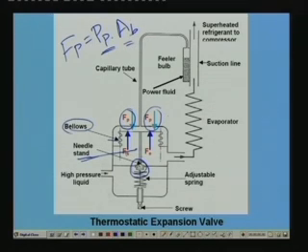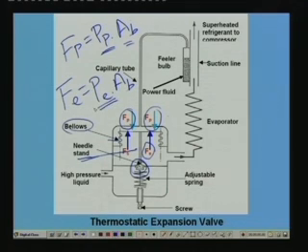This is the force which is trying to push the bellows down, and trying to push the bellows down means the needle stand also will be pushed down. And what are the forces opposing this motion? The forces opposing this motion are, first, because of the evaporator pressure, that is Fe. This is an upward force due to the evaporator pressure. This is equal to PE into AB, where PE is the evaporator pressure. And in addition to that, you also have the spring force Fs.